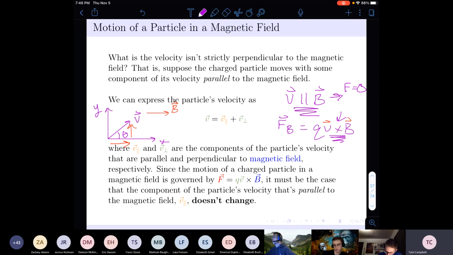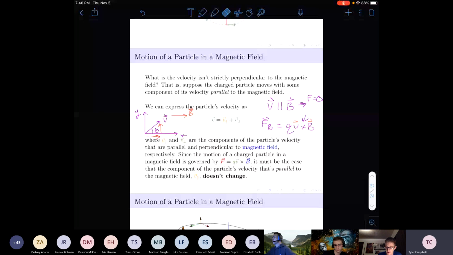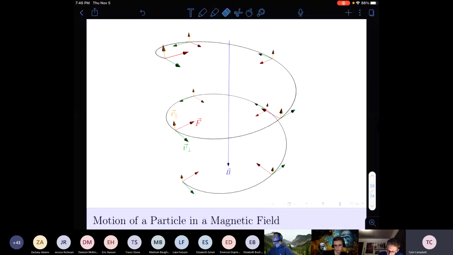All right. This is just a great pictorial example of what that helix actually looks like. Notice what's common in all of these is this yellow/orange vector here. That is parallel to my B field. Notice how that never changes; it always points straight up.